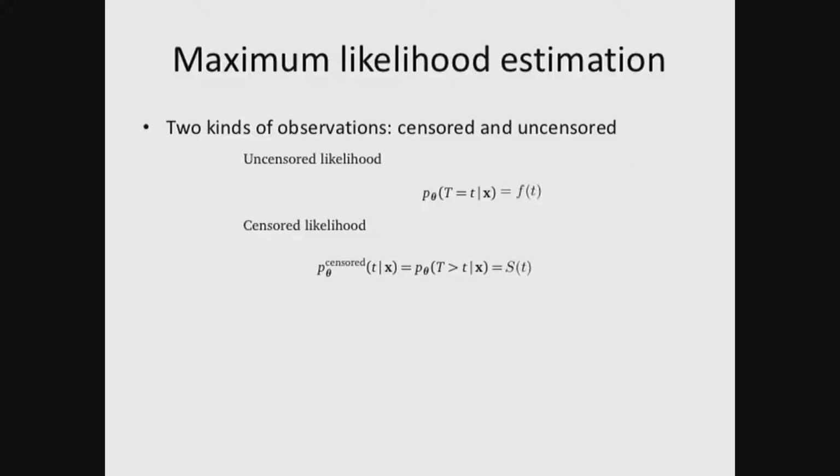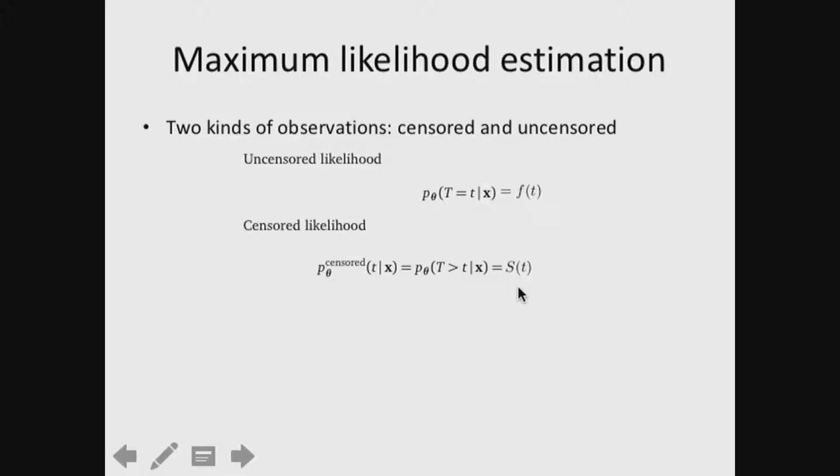But the only information we can get from that observation is that capital T, the event time, must have occurred sometime larger than the time of censoring, which is little t here. Okay? So we don't know precisely when capital T was, but we know it's something larger than the observed censoring time, little t. And that, remember, is precisely what the survival function is capturing. So for a censored observation, we're going to use capital S of t within the likelihood.